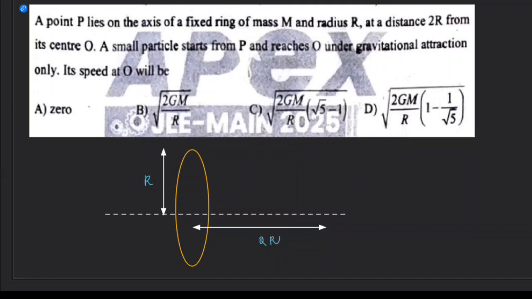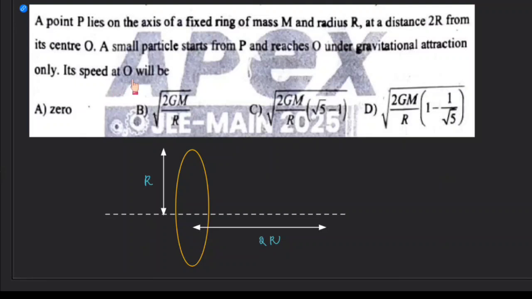Next one, this is from gravitation. A point P lies on the axis of a fixed ring of mass capital M and radius r at a distance 2r from its center O. A small particle starts from P and reaches O under the gravitational attraction only.